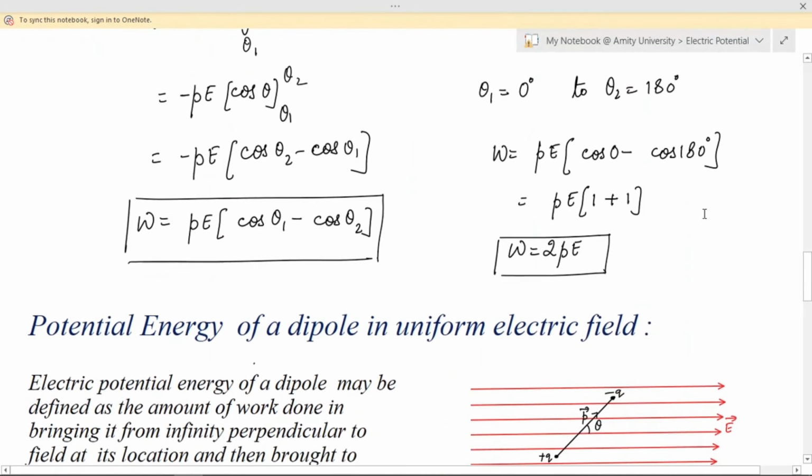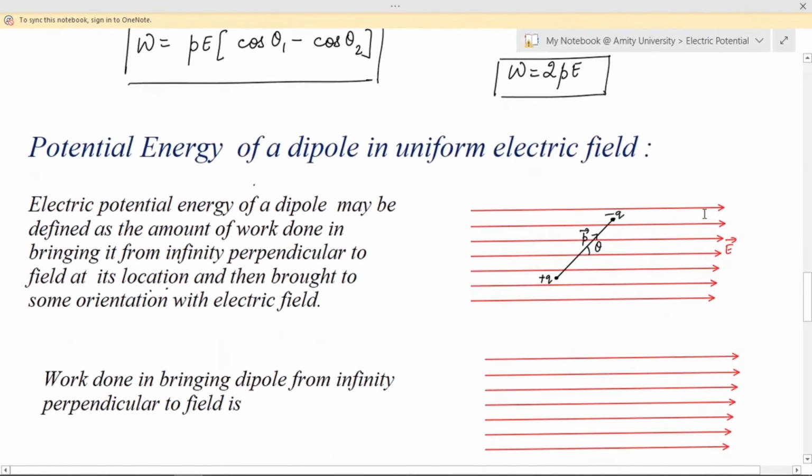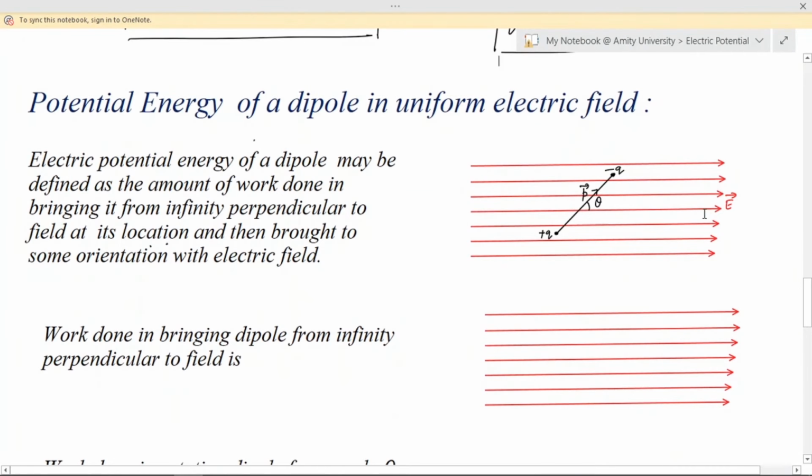Now using the same concept, we are going to find out the potential energy of a dipole in a uniform electric field. As you can see in this diagram, suppose this is a region of uniform electric field, and a dipole is placed in this electric field making some angle theta with the direction of E. Then to find the expression for the potential energy of this dipole, we can use the same concept as we used for the potential energy of a system of charges.